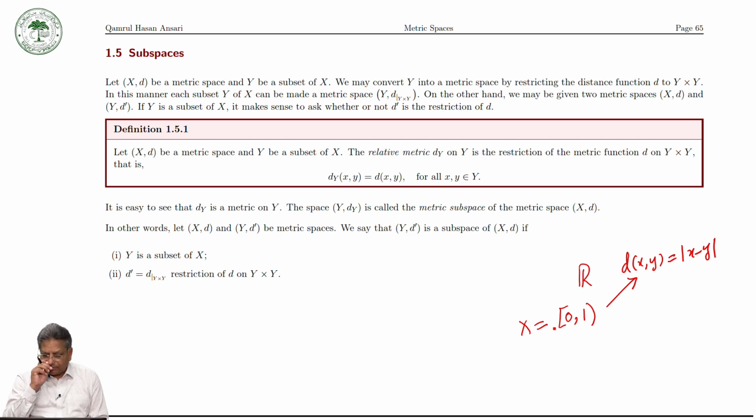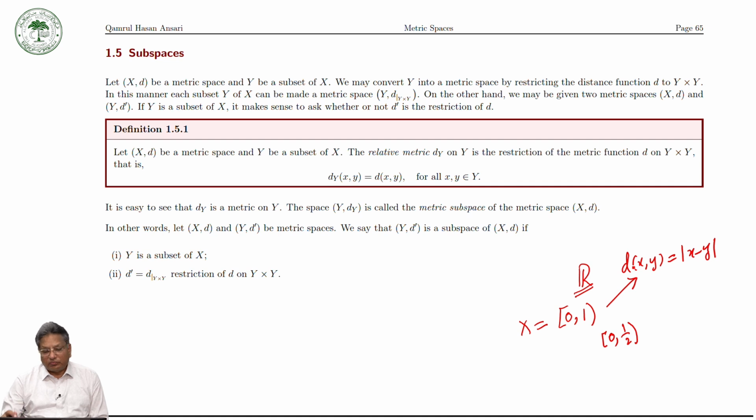Now, say for example, you can look here, we have seen that (0, 1/2) is an open set in this metric space with respect to this usual metric, but this set is not open in R with respect to the usual metric.